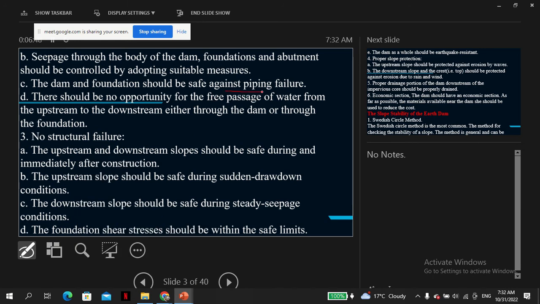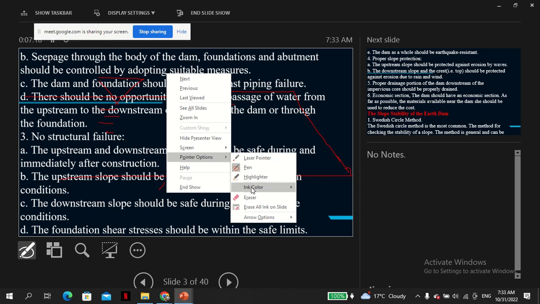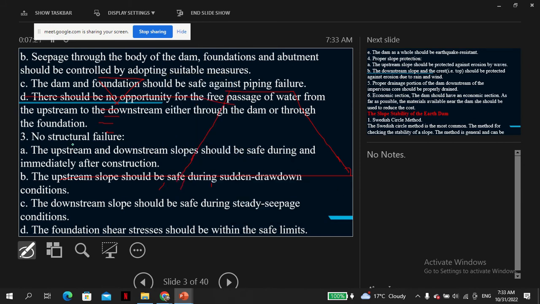So if this is your dam, and this is the condition, then suddenly the water goes down to this level.